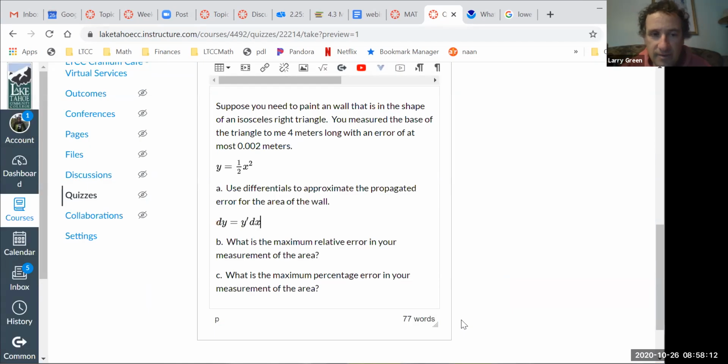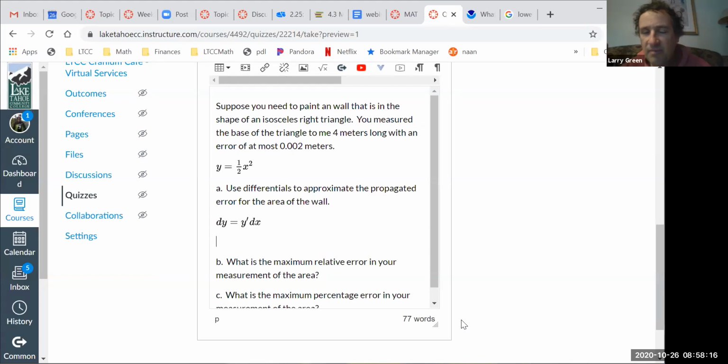That was differentials. Once we have that, we just go and do it. So what's y prime? It's just x, because the derivative of 1/2 x squared is x. So we know that dy is x times dx, and then we plug in.